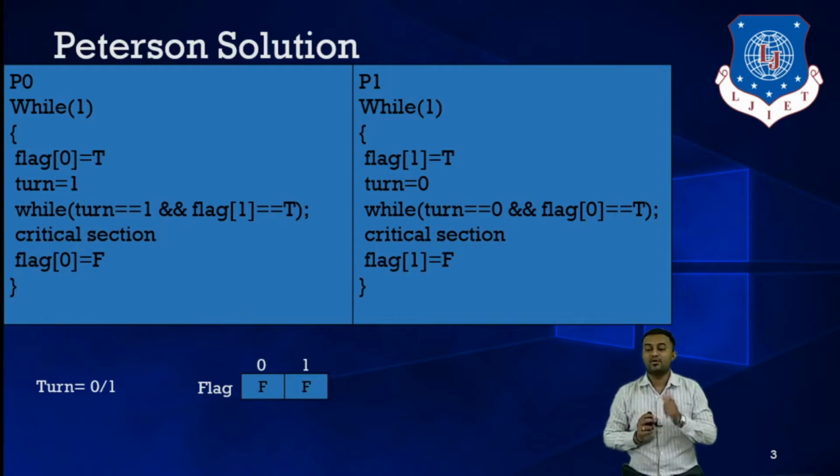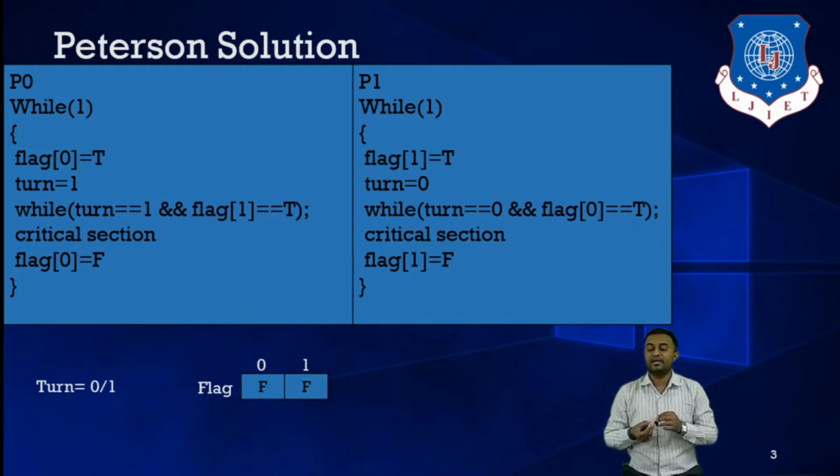One more thing we have used in this case is one Boolean array. So flag is one type of Boolean array, and it is defined for these two different processes P0 and P1, and the initial value of this flag is false, because it is a Boolean array.